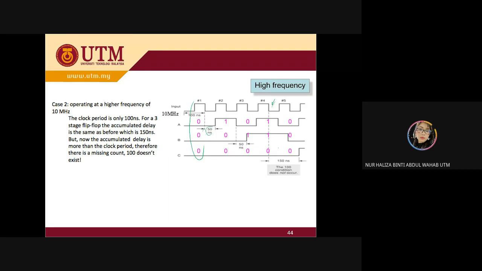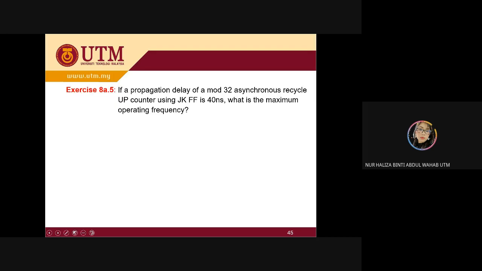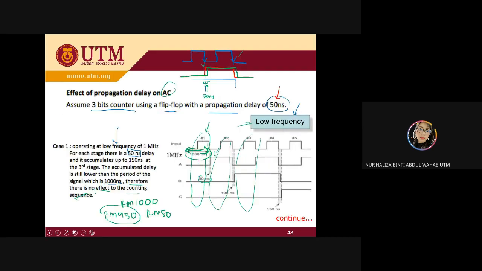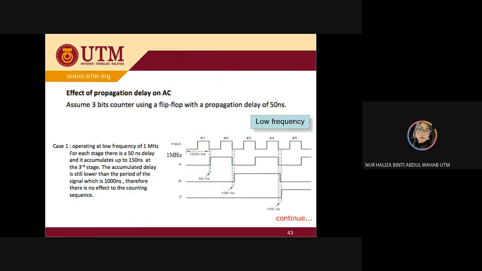Supposedly you're going to have like 100, but it directly jumps to another value because of the delay. Okay, so this is just to see what happens when you have a high frequency and low frequency. Sometimes your value must be affected. The effect of your propagation delay when you have the delay for your low frequency and also high frequency.